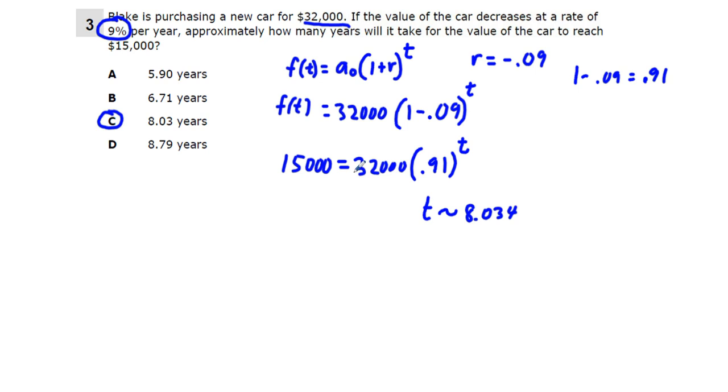You could have also just started solving, and you would have had, if you divide by 32,000, you have 15 over 32 equals 0.91 to the power of t, and so you're going to get t.